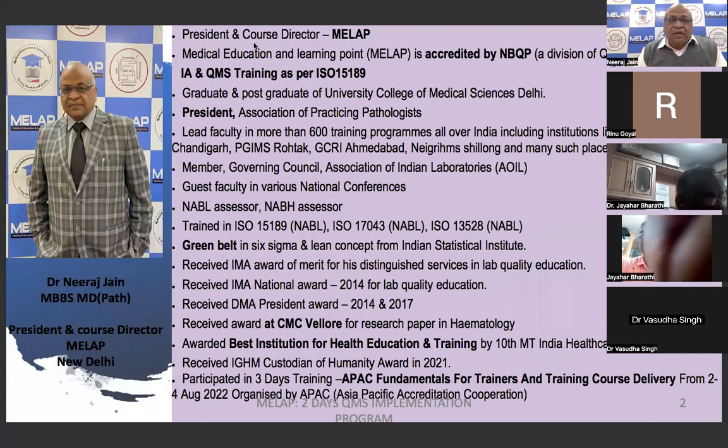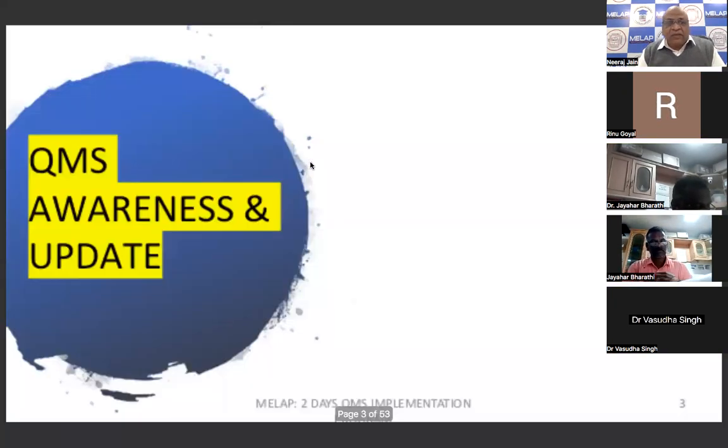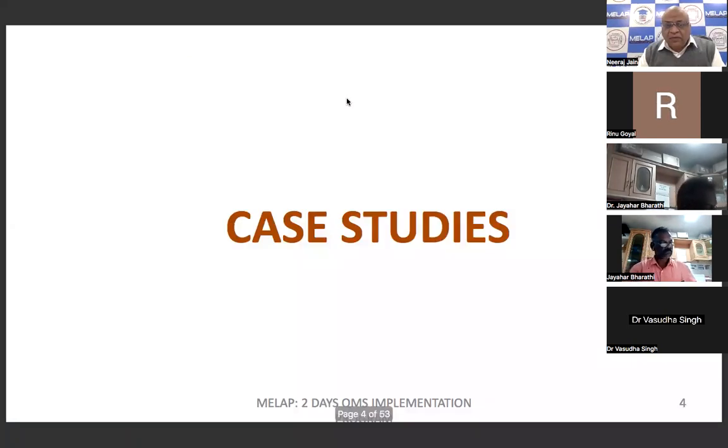So today, I am starting the quality management system. First, we will discuss certain case studies. Then you will get the idea of how important this quality management system is for us.